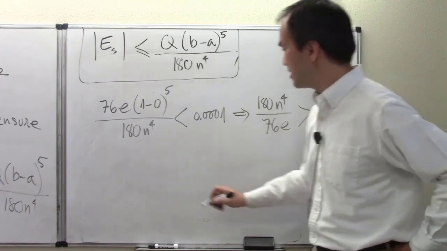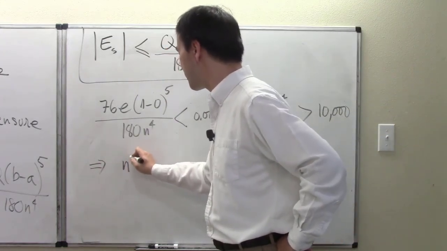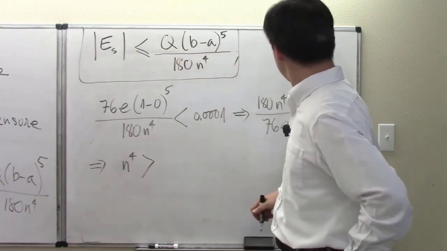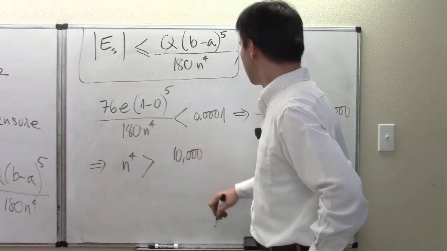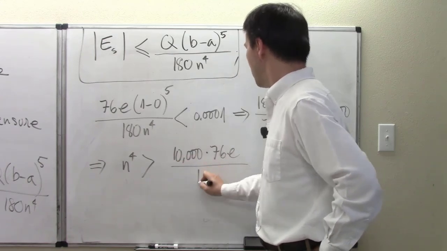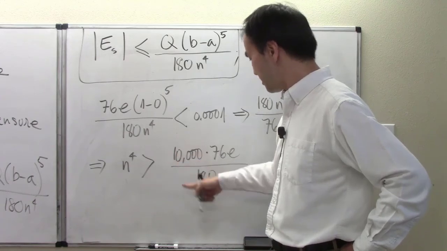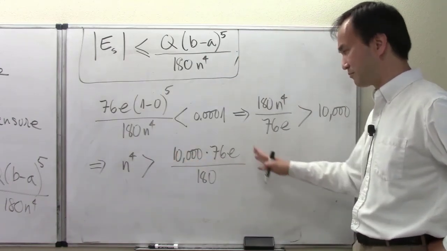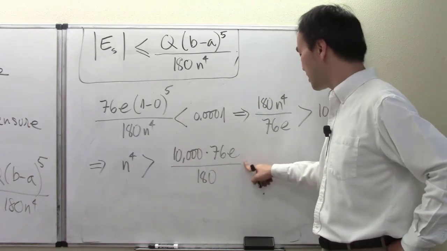Now we can solve for n, but the first thing is to rearrange the inequality to get n to the fourth greater than 10,000 times 76e divided by 180. The expression is getting lengthy, so I'm going to dump all of that into my calculator.